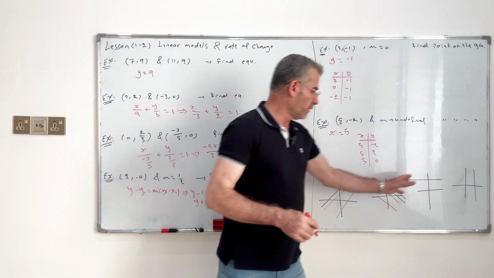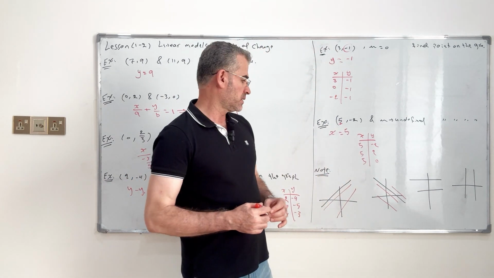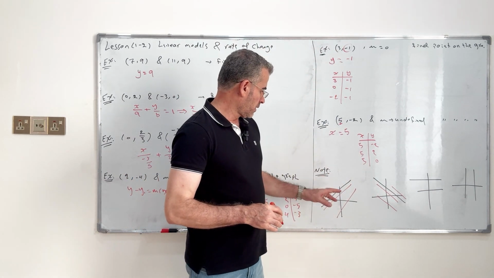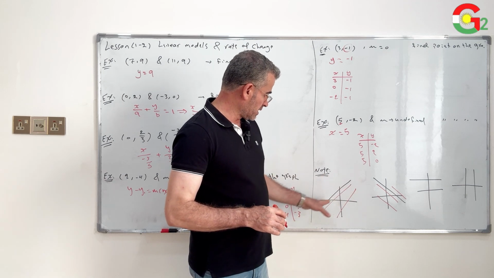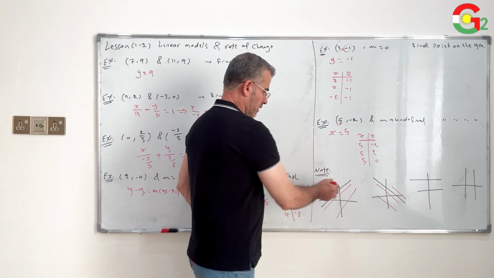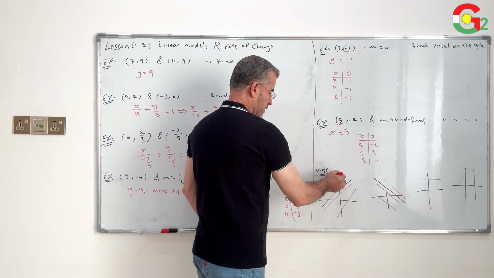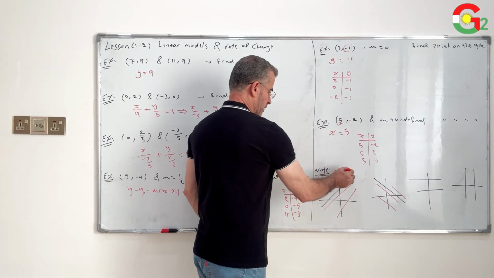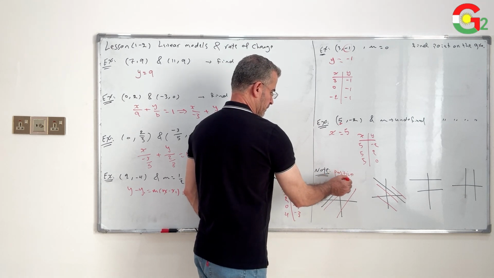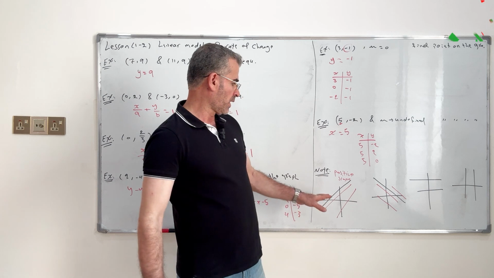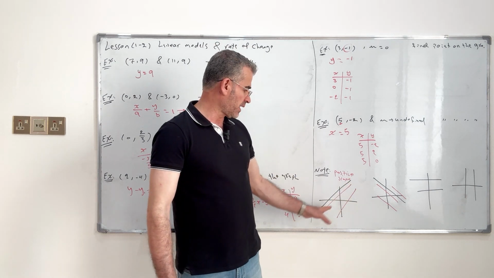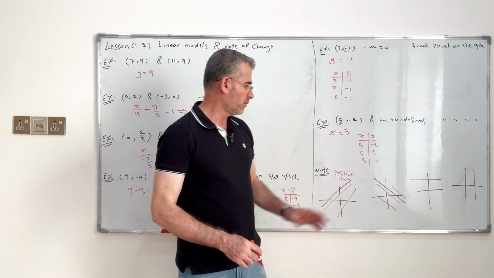Note, we have 4 kinds of lines, no more. A line that takes this direction has positive slope. Every line that takes this direction has positive slope.